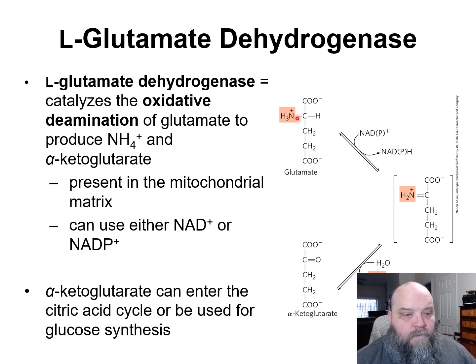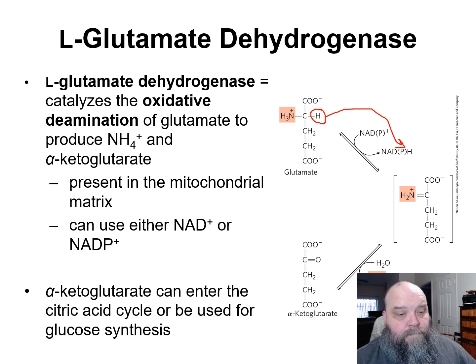Well, first off, we got to get rid of that hydrogen. This hydrogen right there, because that's going to be the one that ends up right there on either NAD or NADP. It's going to form this. It's going to go there. So we get this double bond.